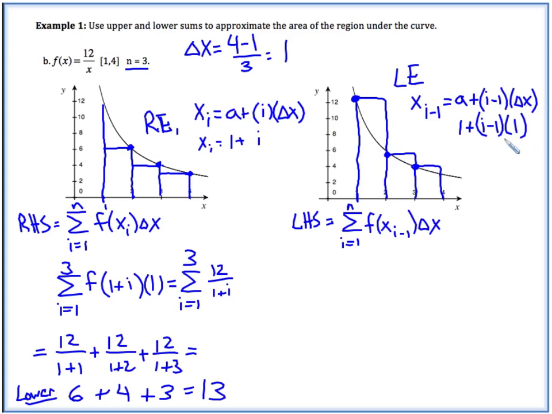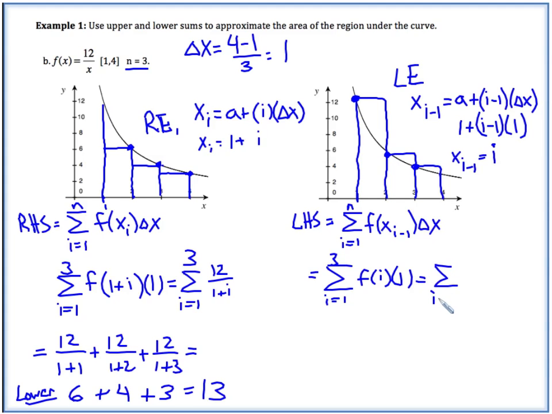And all of this is just going to equal i. Okay, so x sub i minus 1 is just going to be i. So let's rewrite this sum now. It's going to go from i equals 1 to 3 times f of i, and then delta x, which is 1.